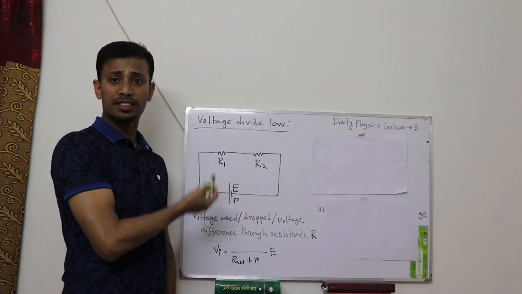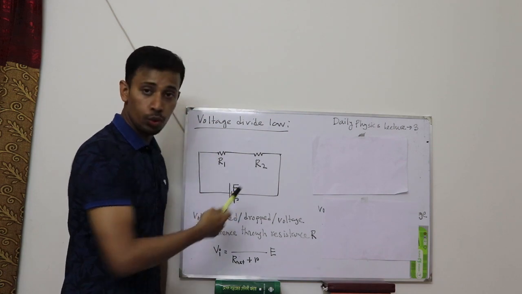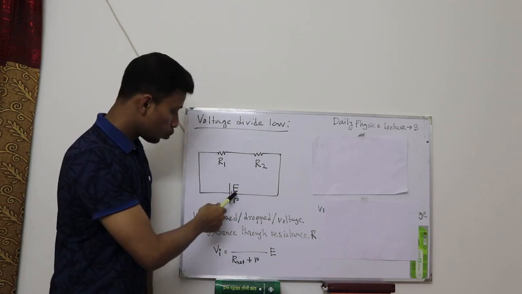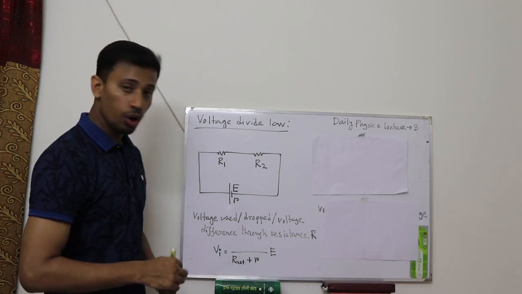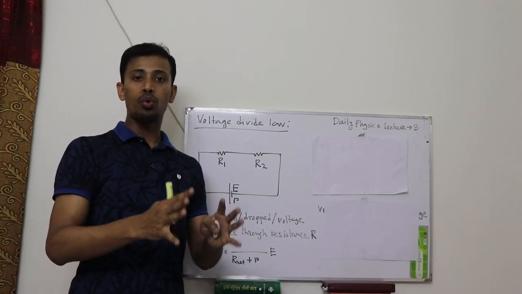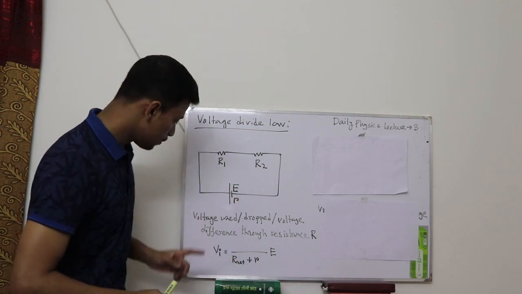Here is a very simple series circuit. We have R1, R2, two external resistances, a cell, and an internal resistance small r. I will show you how we can get the voltage across different resistances.